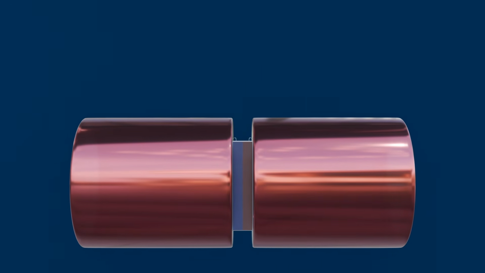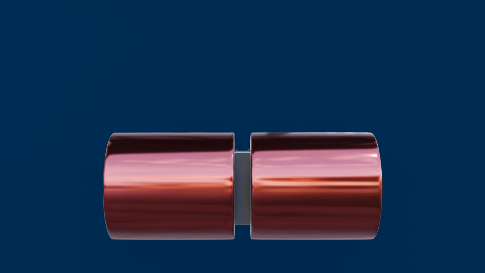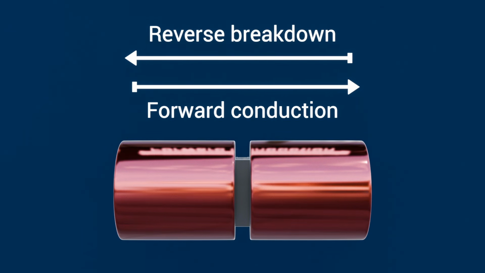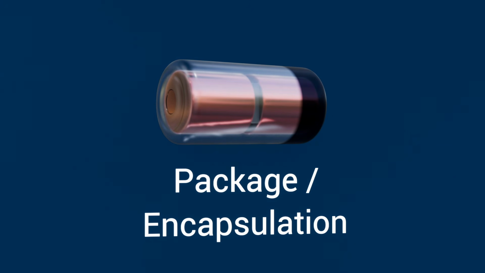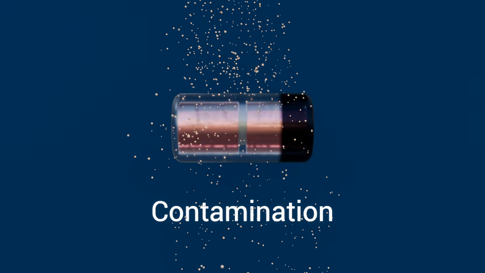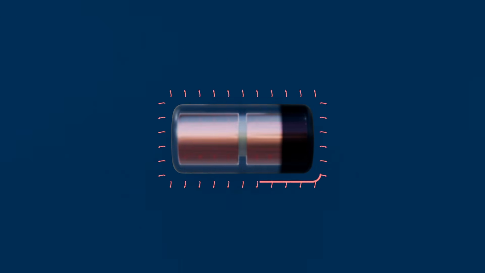Attached to the semiconductor die are tiny metal contacts and bond wires, which provide the electrical connection between the junction and the external circuit, allowing current to flow both in forward conduction and in controlled reverse breakdown. Surrounding the die is the package and encapsulation, which protects the junction from mechanical damage, moisture, and contamination, while also helping to dissipate heat generated when the diode operates in breakdown.